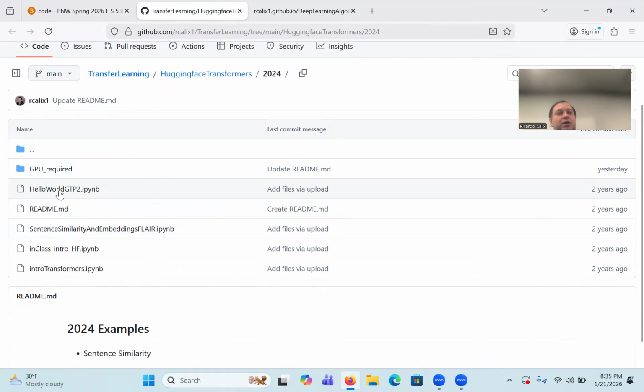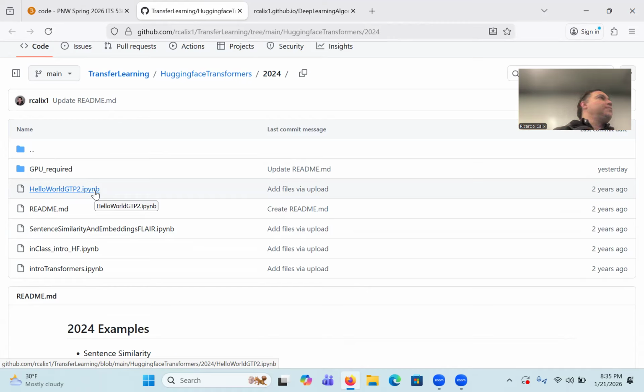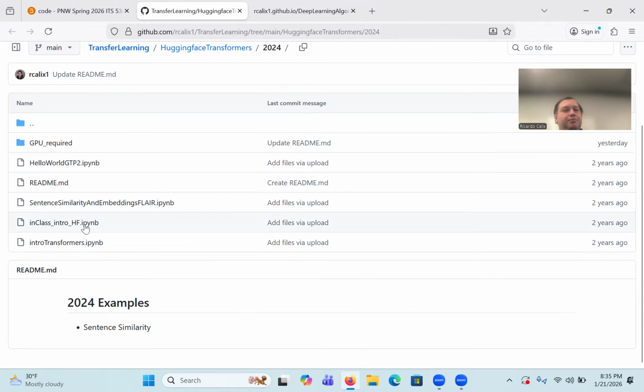That's the essential mechanism. So in this Hello World GPT-2, I'm giving you the code to use a GPT-2 with transformers. This GPT-2 is what you can use for this reinforcement learning task. So let's start there.